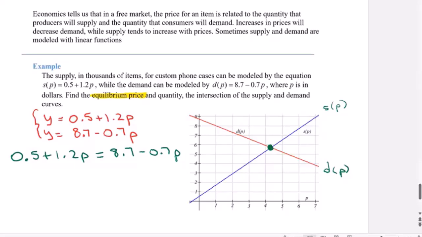So let's subtract 0.5 from both sides. And at the same time, we can just add 0.7 P to both sides.